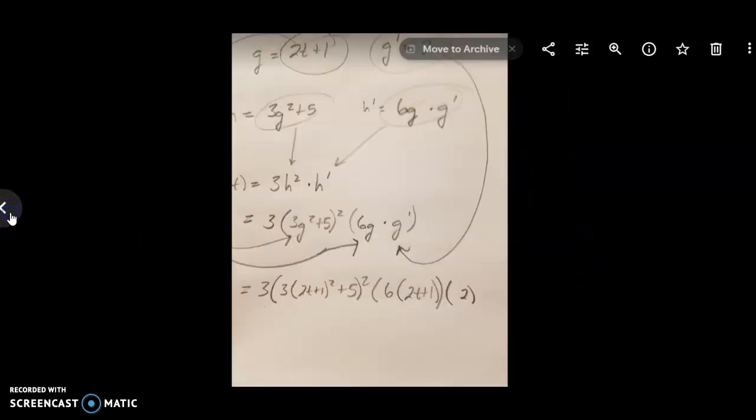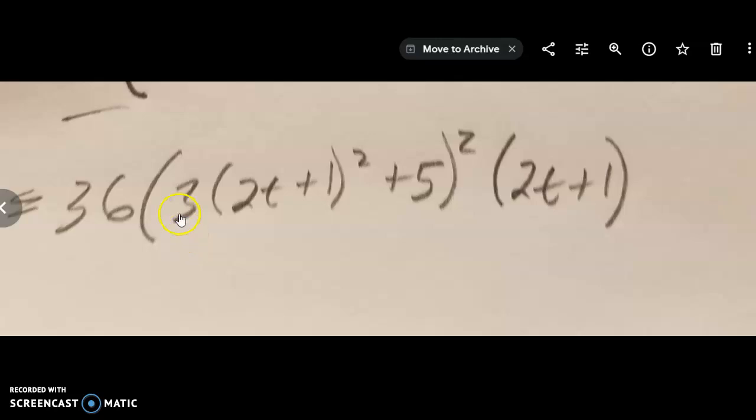Okay, so the function simplifies to 3 times 3 times that function, g squared plus 5 squared, times 6 times the g function times 2, which is fine and dandy with me if you leave it like that. If you really want to simplify it, only multiply those numbers. I would keep the rest of it the same.